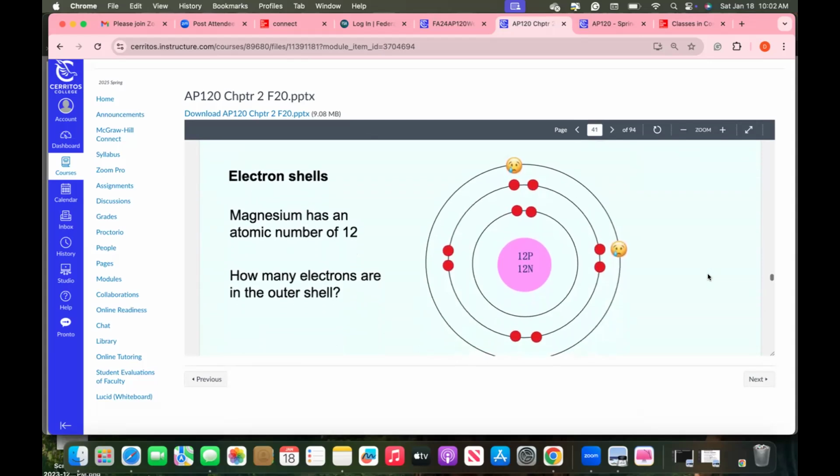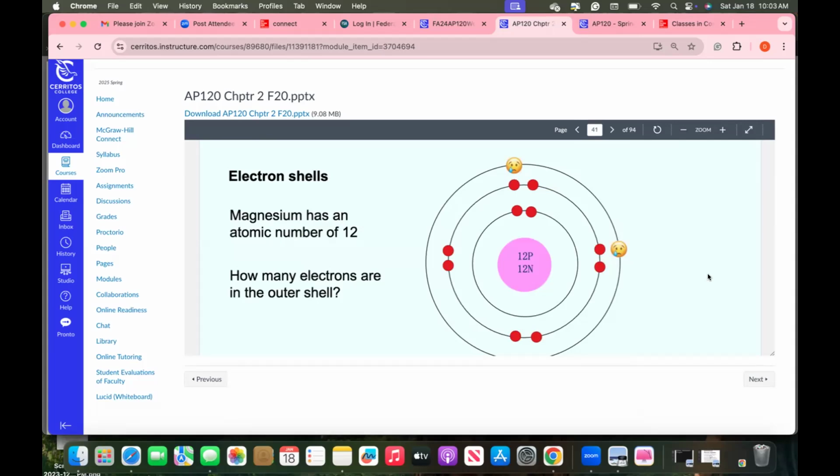Now, magnesium has an atomic number of 12. So there's 12 protons, 12 neutrons, because they have to match. And so you only have two.